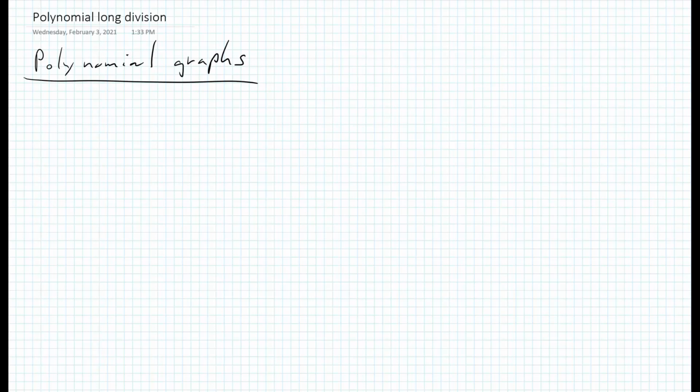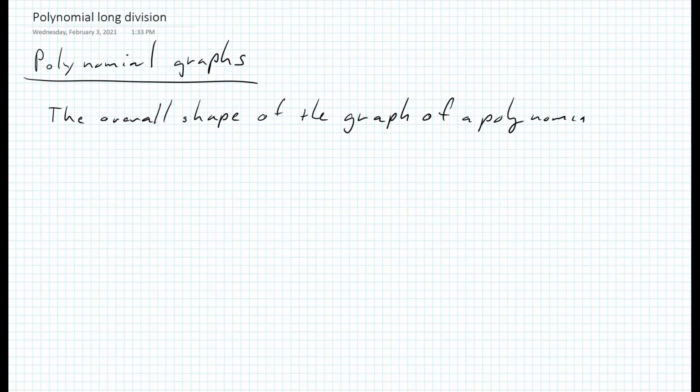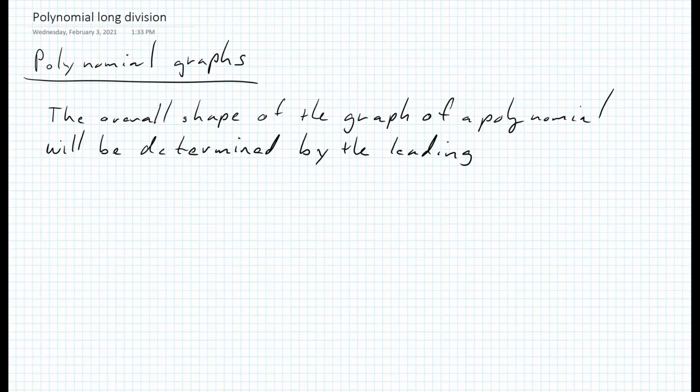So for polynomial graphs, the overall shape of the graph of a polynomial will be determined by the leading term.